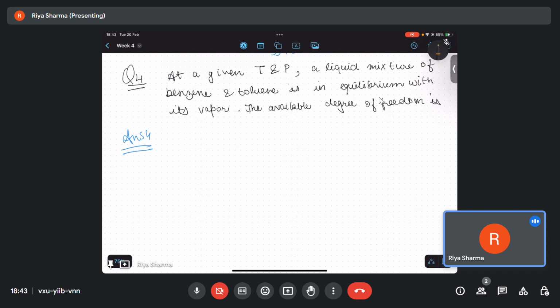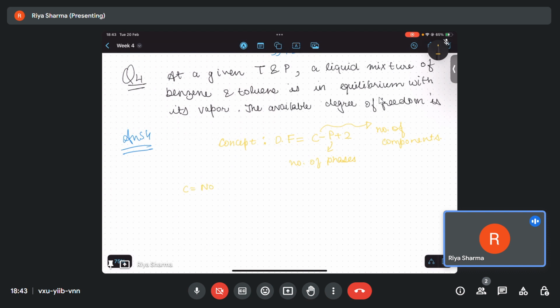First of all, you should know what is degree of freedom and what is its formula. So degree of freedom is equal to C minus P plus 2. P is the number of phases. C is the number of components. So how many components?